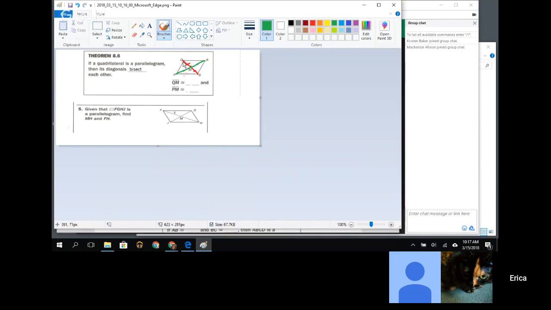They intersect at M. So that means that it's bisected at M, and so P to M is equal to M to R. So if you want to fill in the blanks here, QM is congruent to MS. And PM is congruent to MR.